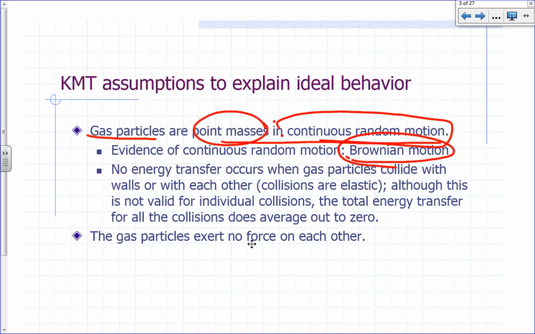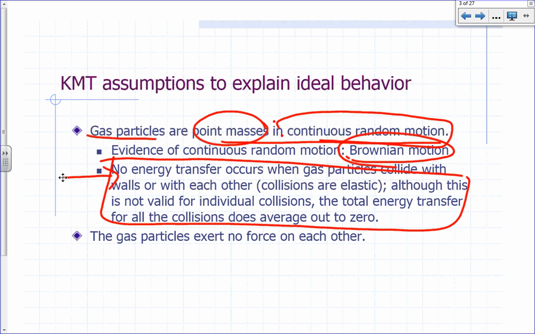We also assume that there's no energy transfer that occurs when gas particles collide with the walls or with each other. So we say in physics that the collisions are elastic. Strictly speaking, this is not valid for individual collisions, but if you average it out over all the gazillions of collisions happening within a sample of gas, the total energy transfer does average out to zero.